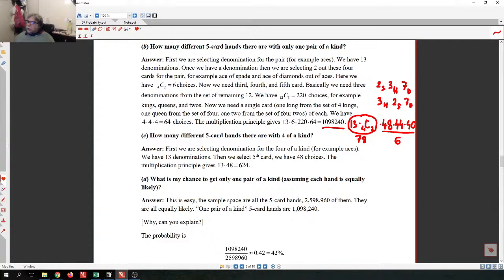I could have done this differently, and that's described here in this answer. So instead of having a third card, one of the 48, the fourth card, one of the 44, the fifth card, one of 40, and then divide with 6 because the order doesn't matter, I could have done this third, fourth, and fifth card differently.